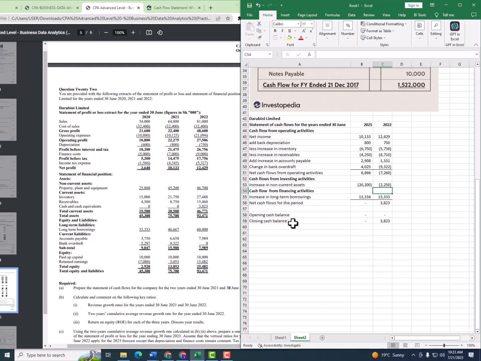So the closing cash balance is 0 for 2021, just like it is in the balance sheet, and it is 3823, just like it is shown in the balance sheet. And that proves that our statement of cash flows is accurate.